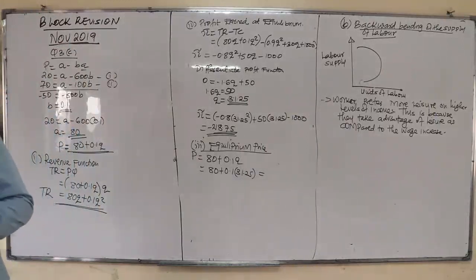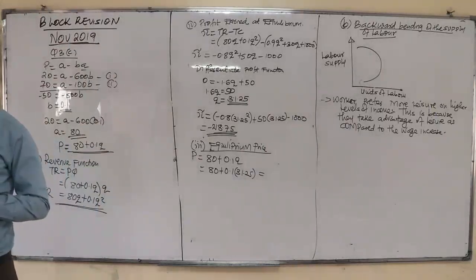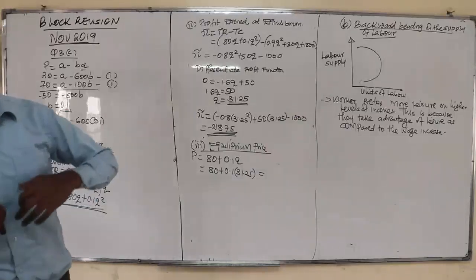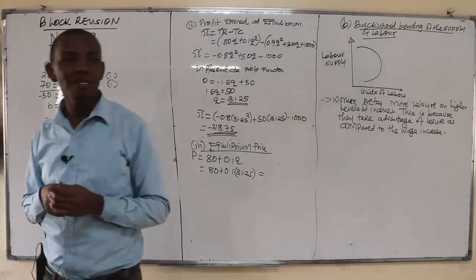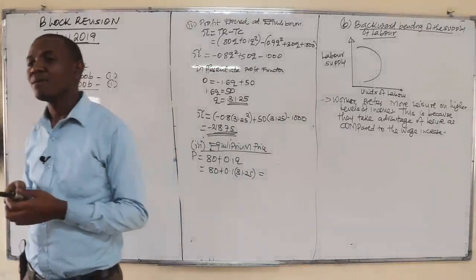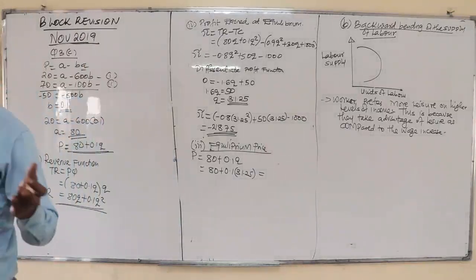You may talk of income inequalities. Some people get a lot of money and others get little. What else? Over dependence, where the people depend on each other. What else? Poverty is also another thing. What else?